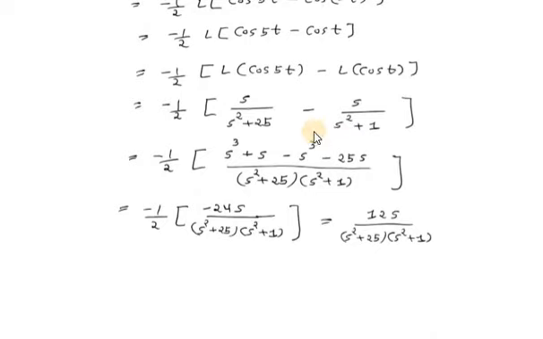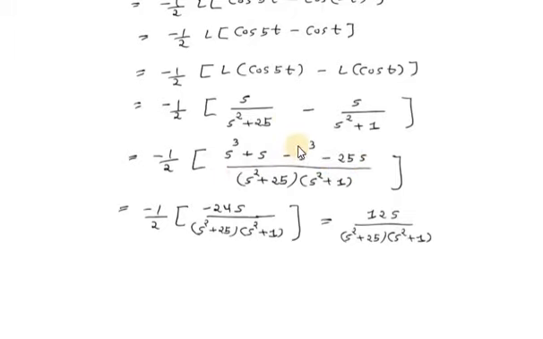Now we have to simplify this function. So the LCM is s squared plus 25 and s square plus 1. Now multiplying this s by s square plus 1, the result is s cube plus s. Then after minus, s into s square plus 25 gives s cube plus 25s.